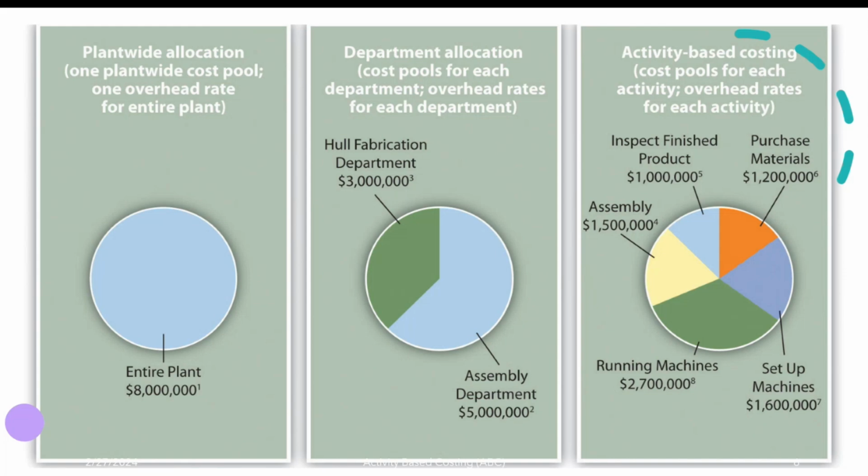So that would be the second one. However, for ABC based costing, basically a cost pool for each activity depending on cost drivers, the pie would look like this. Different departments would share a certain amount of overheads depending on the cost drivers, such as the machine setup or machine running hours and so on.